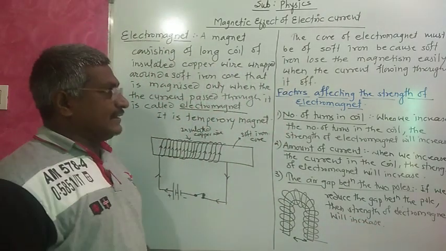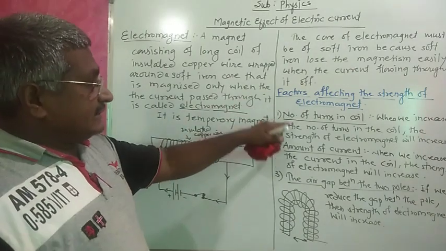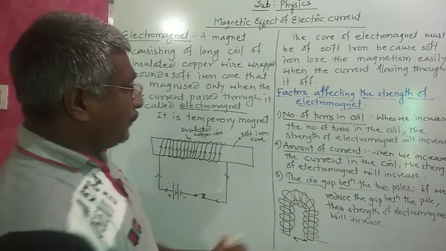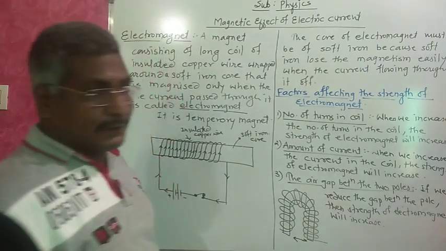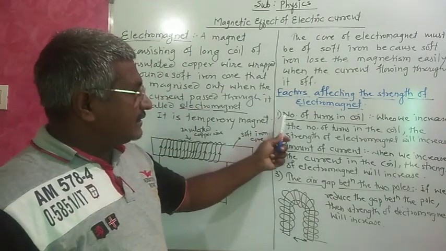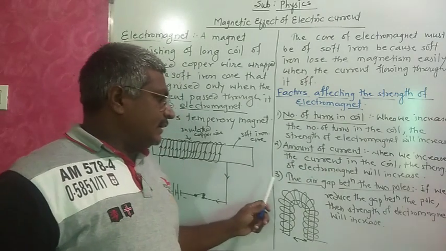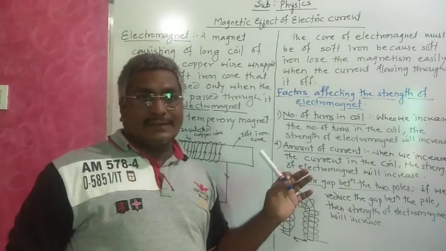So these are the three factors on which the strength of an electromagnet depends: the number of turns in the coil, the amount of current, and the air gap between the two poles. Hope you understand, students.